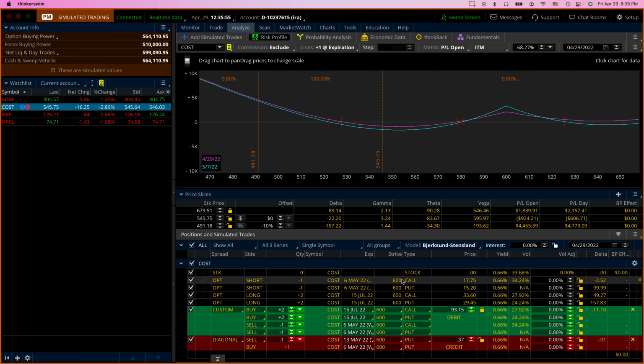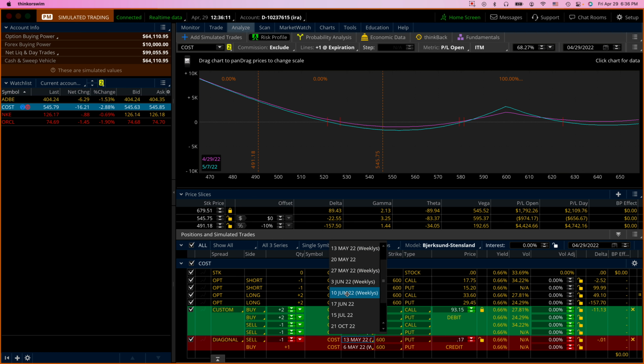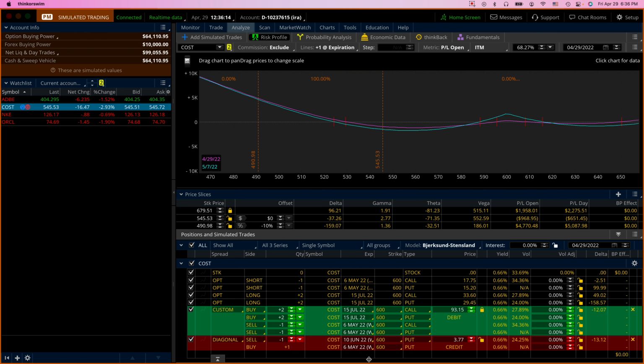Because this 600 call is almost certainly going to expire worthless. If the market goes up and hits 60 by next week, which is unlikely, I could sell the June 10 call at a better price, if it goes up at all.